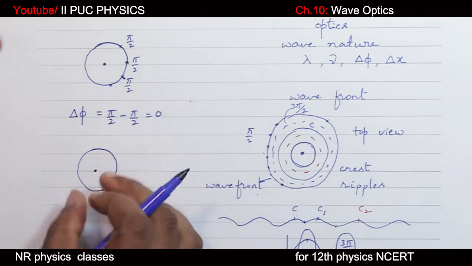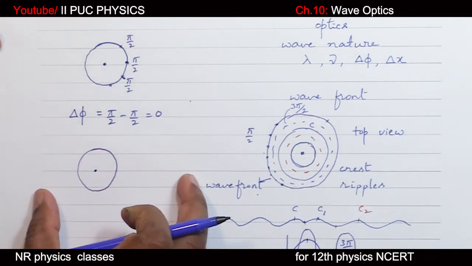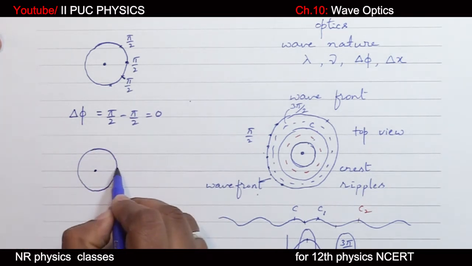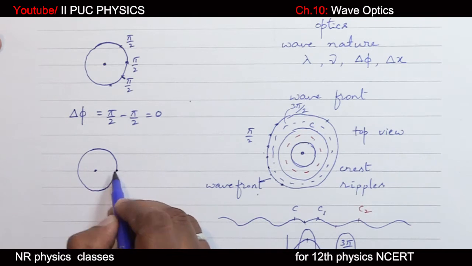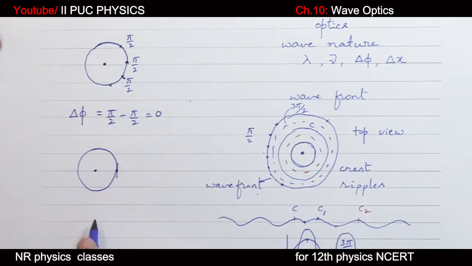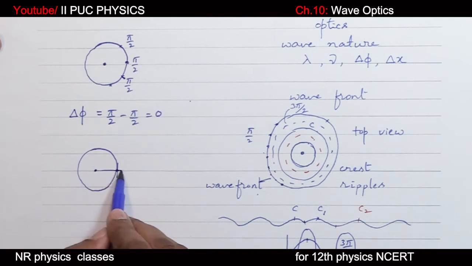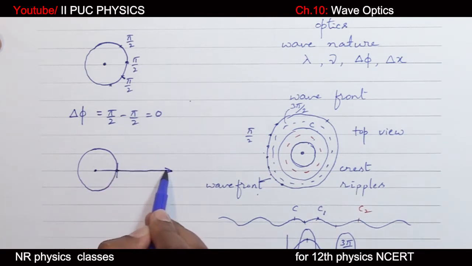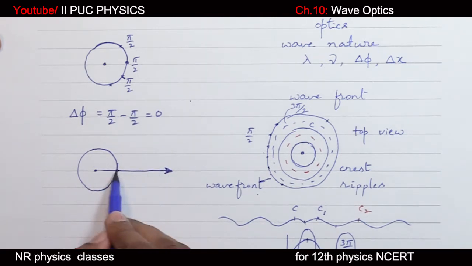Point of disturbance. This is a wavefront. If this is a wavefront which spreads in space, then let me draw a perpendicular at this point. How to draw a perpendicular to a circle or a sphere? Draw a tangent, and to the tangent, draw a perpendicular. So this is the perpendicular drawn at this point.